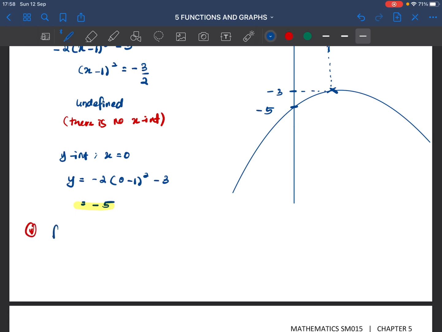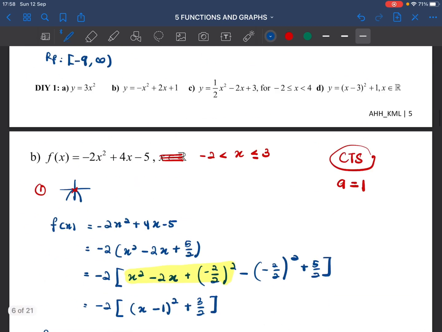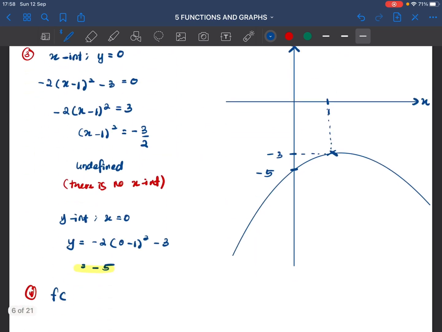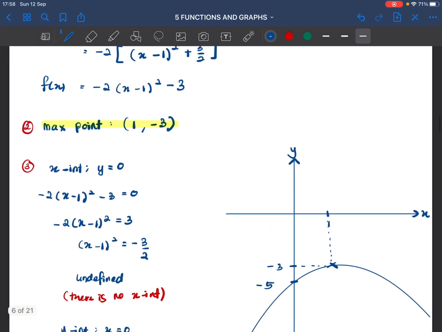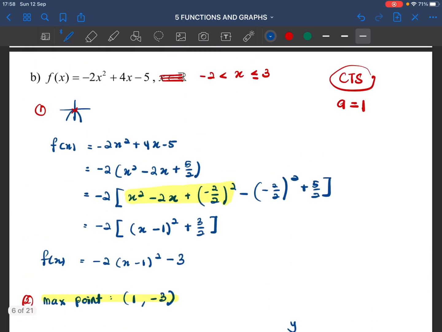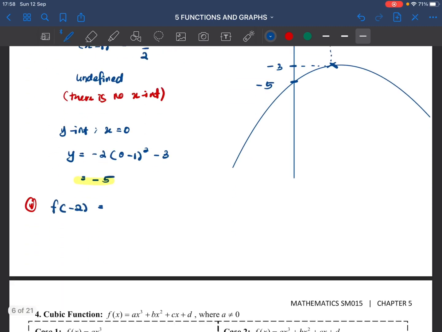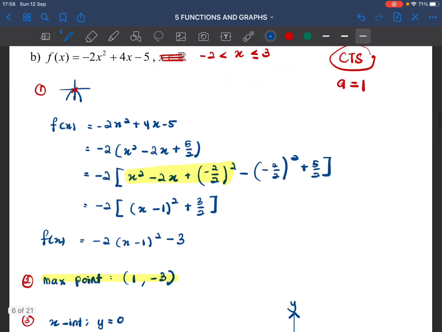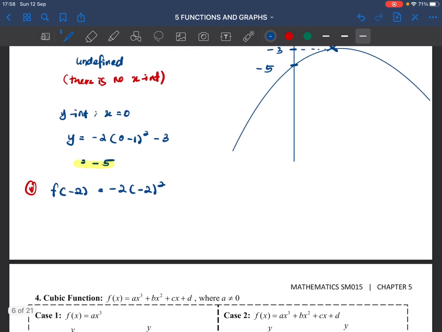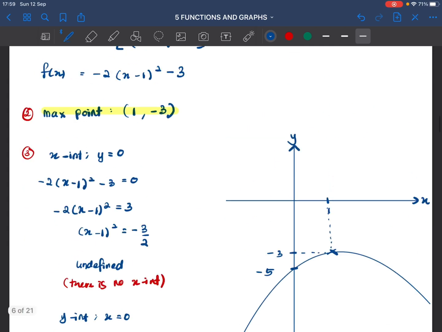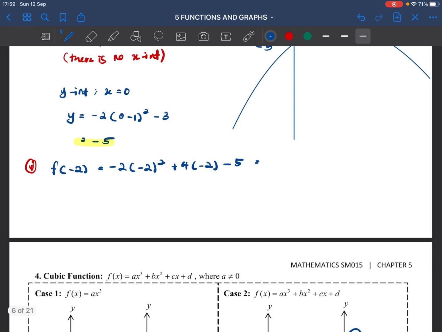We have x berapa? Negative 2. Substitute into the function. Nak function asal boleh, function yang kita dah completing the square pun boleh, tak ada masalah. So we have negative 2 squared, lagi plus 4 times negative 2 minus 5. Okay, so here you should get, berapa kat situ?